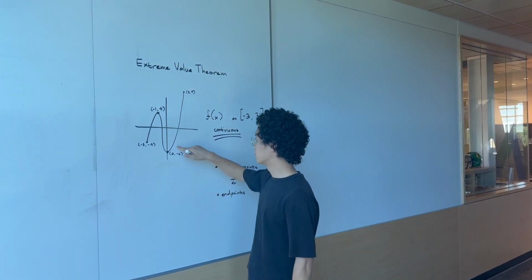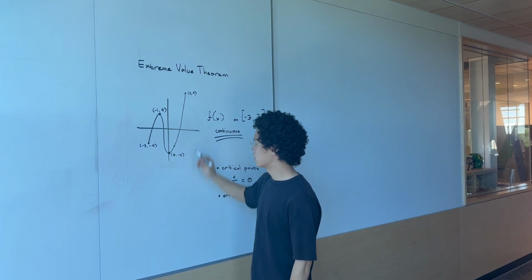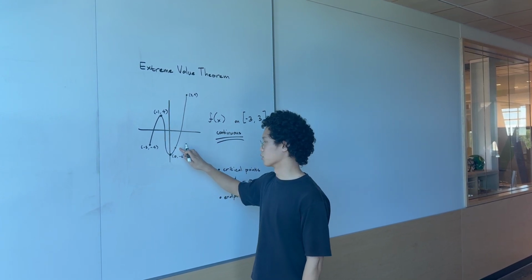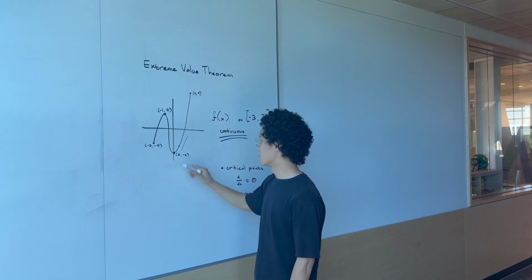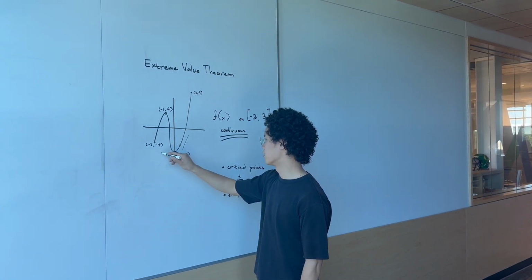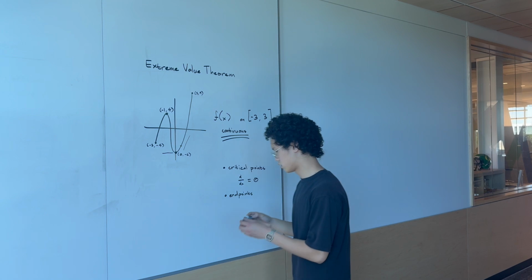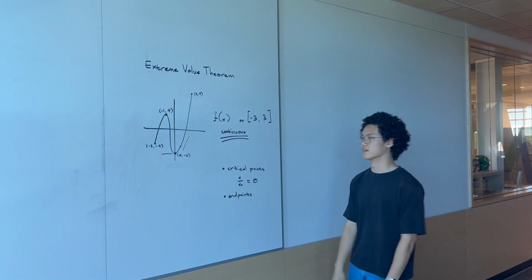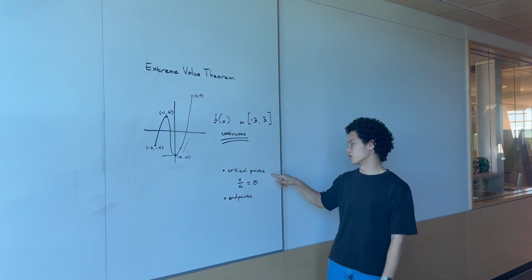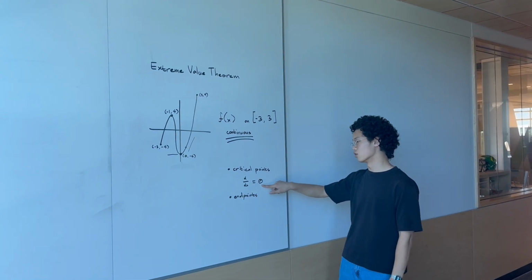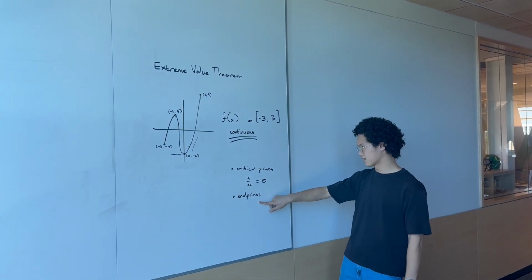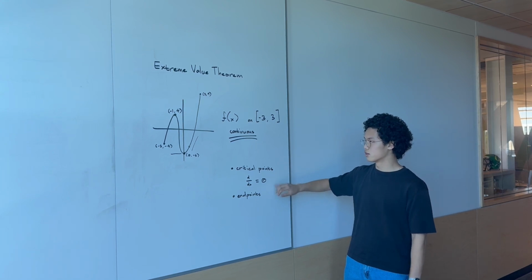But this point right here, that can't be an absolute minimum because that's got a slope that's kind of like that. But the point right here, that slope is going to be 0. Where I'm trying to go with this is by finding critical points, which are points where the slope or the derivative of the equation is 0, or endpoints for both of the directions.